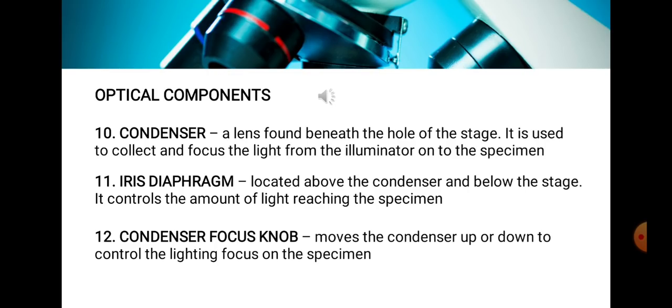We also have the condenser. Condenser lenses focus the light that shines up through the slide and are useful for obtaining sharp images at magnifications of 400 times and above.